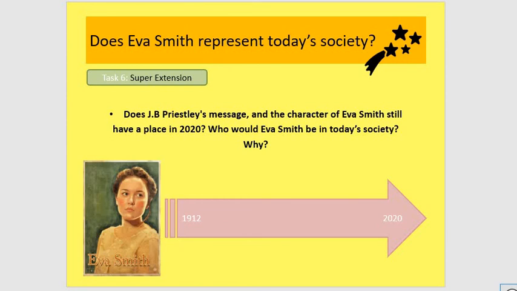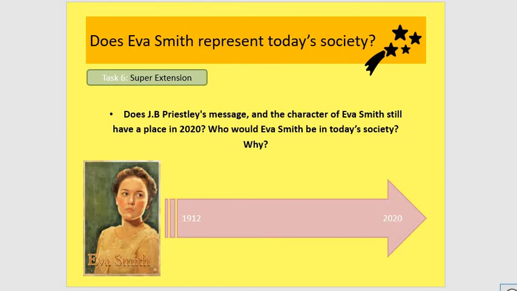So can we think of how that could resonate today? So are we still in a situation where even though we have a welfare state, people still don't have enough money to survive? Think about things like food banks.